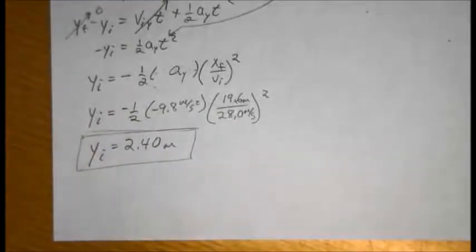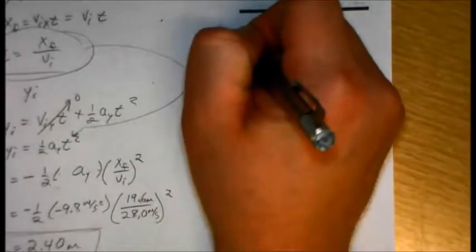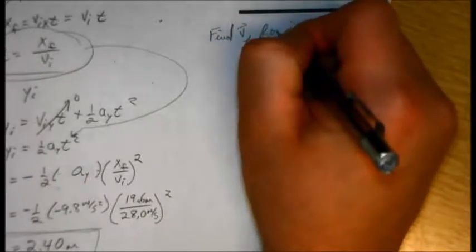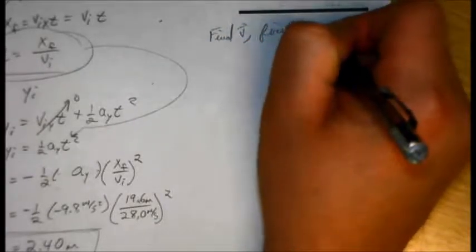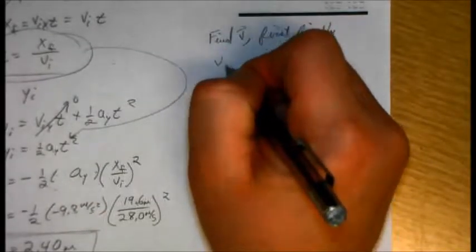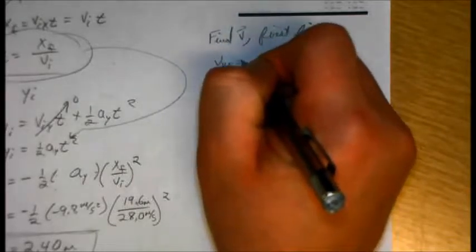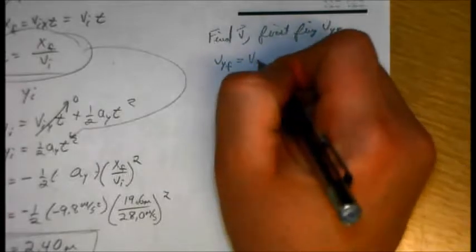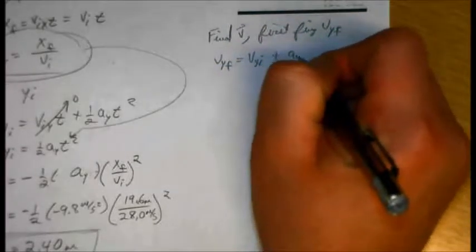Okay, so the next part wants us to find the final velocity right before it strikes the court. Well, in order to do that, we want to find v, but first we have to find v_y. Well, that turns out pretty easy. v_y final equals v_y initial plus a_y t.